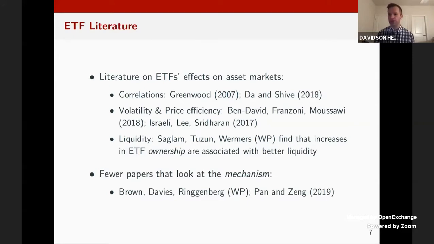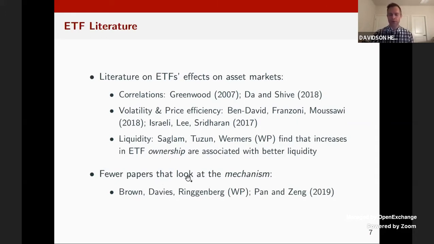And we can talk about that. Our mechanism and our results are in some sense, pick your favorite word, both orthogonal and perfectly consistent with the Wermers et al. results as well, I think.